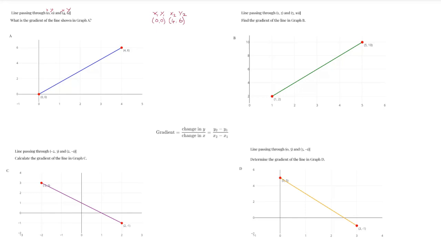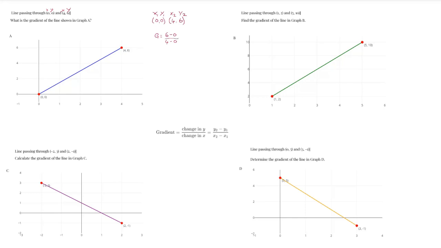Now we're going to use the formula. y2 minus y1 all over x2 minus x1. So following that rule of thumb, we're going to have gradient equals 6 minus 0 all over 4 minus 0.